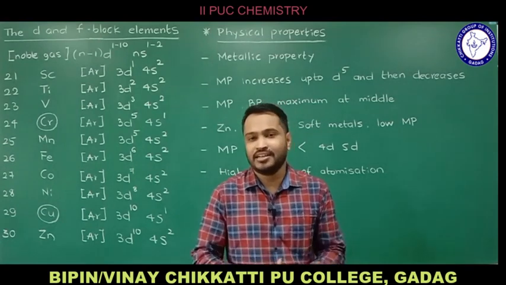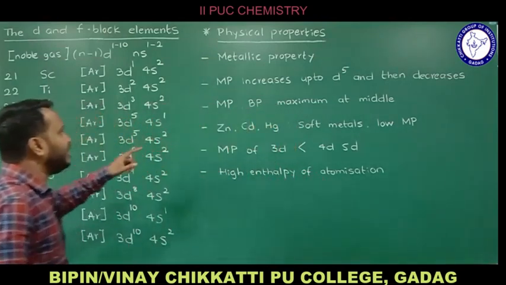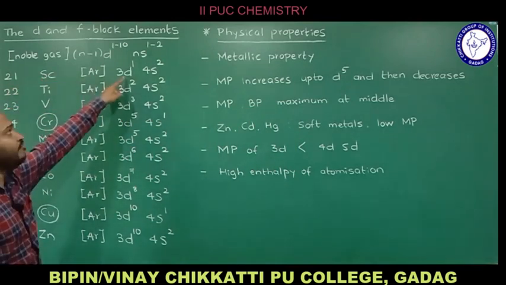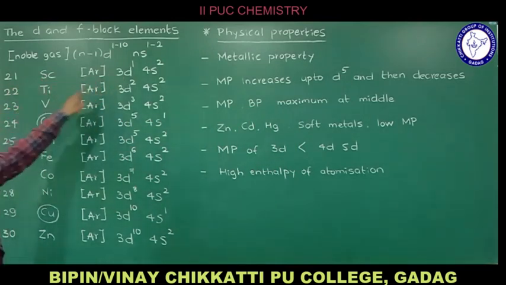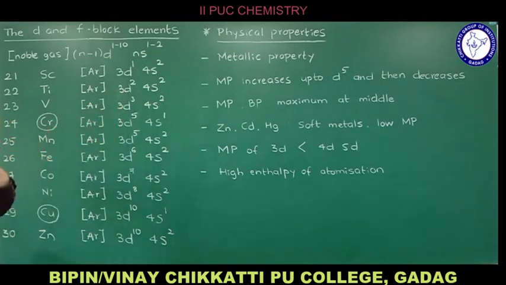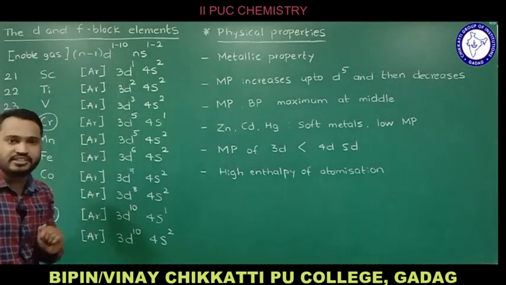Now if you observe the electronic configurations I mentioned, for scandium we have d1 configuration, for titanium we have d2, then d3, and up to d5 configuration. So what I am going to say here is the melting point increases from d1 configuration to d5 configuration.